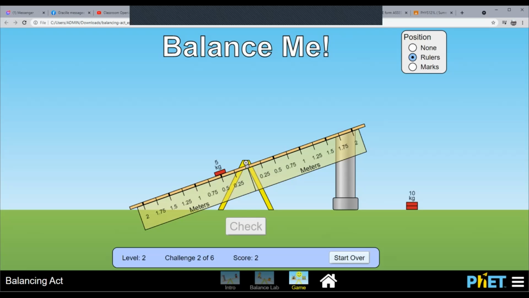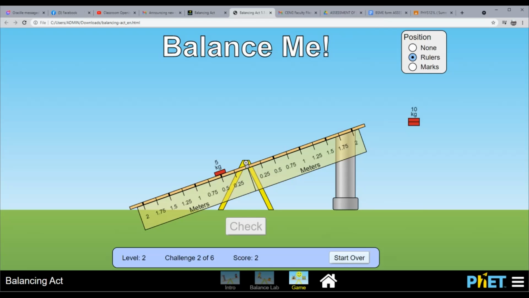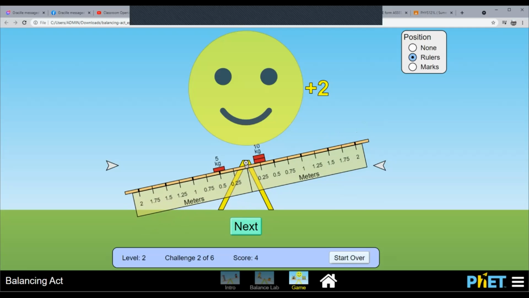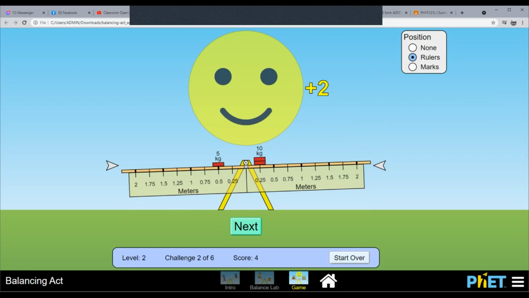Sa 0.25 po. You agree on the answer? Is it 0.20? 0.25 po, ma'am. Yung kanina, yung isa 1 meter. So 0.25 is the correct answer.